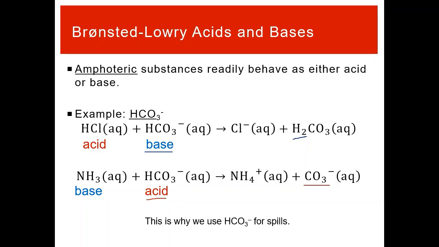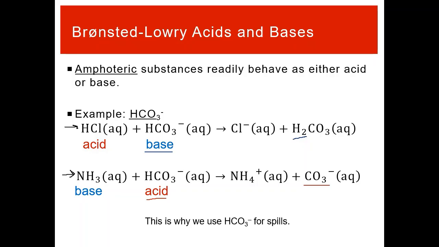So you may have noticed in the lab, if you ever look in the fume hoods, or really any lab, not just here at Lee College, there is usually a large jug of sodium bicarbonate, and that's actually why we use it for spills, because it is amphoteric. It can neutralize either dangerous acids or dangerous bases, and it can react and neutralize those compounds to become something more benign, right?